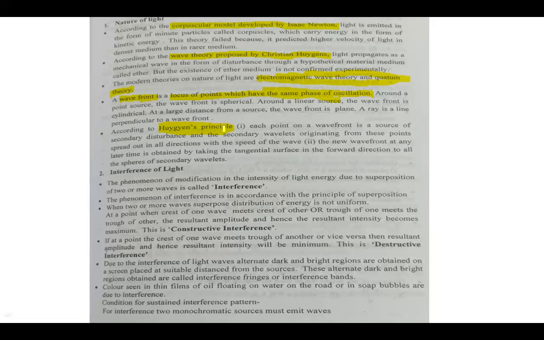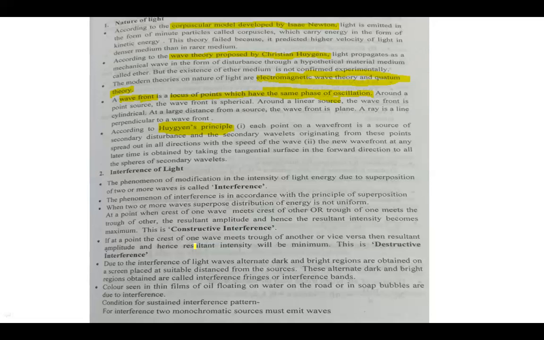Next is interference. What is interference? The phenomenon of modification in the intensity of light energy due to the superposition of two or more waves is called interference.